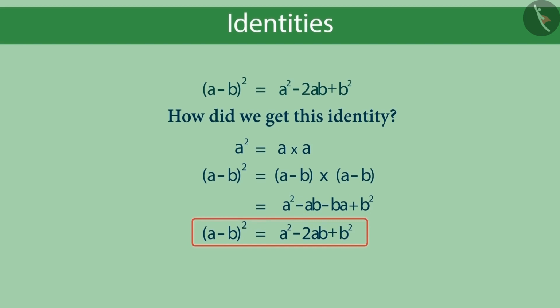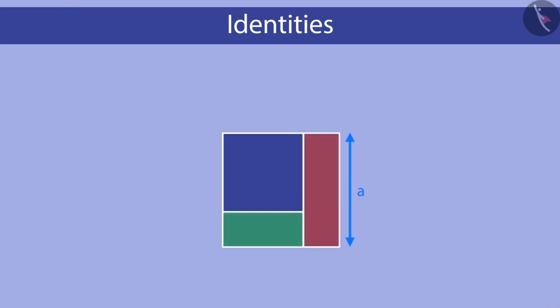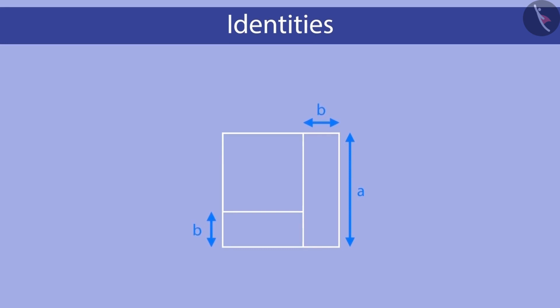To understand this identity better, let's look at this question. Suppose we have a square whose side is a. Let's divide this square into one smaller square and two rectangles. Suppose these two lengths are equal and we will denote it by b.